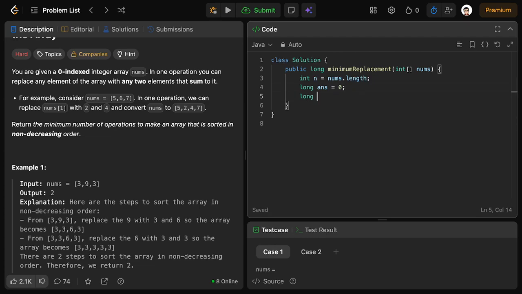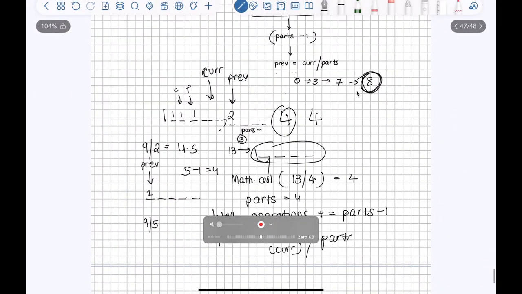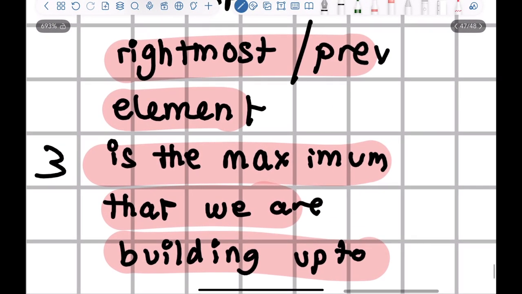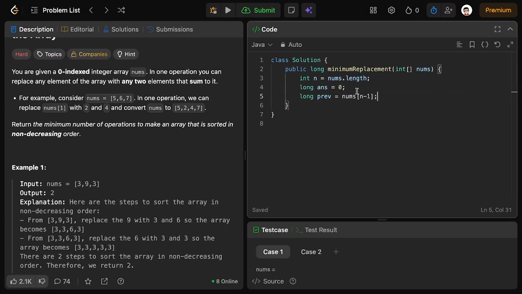Then long prev value is equal to nums at n minus 1, because our assumption was that the rightmost, or the previous element, is the maximum that we are building up to.